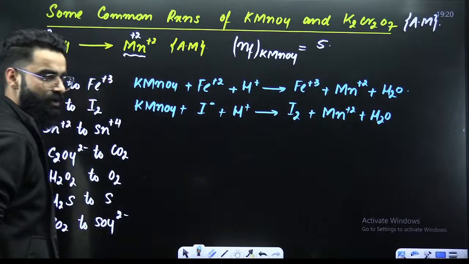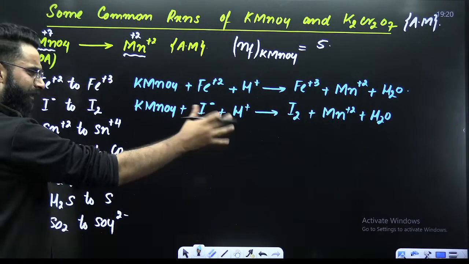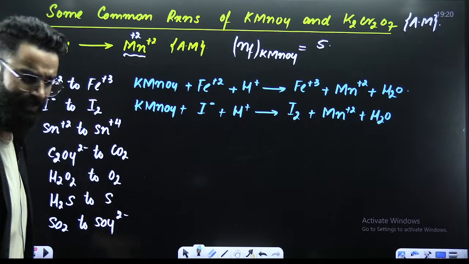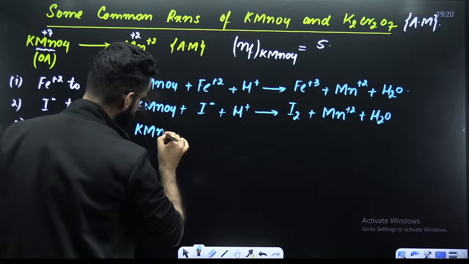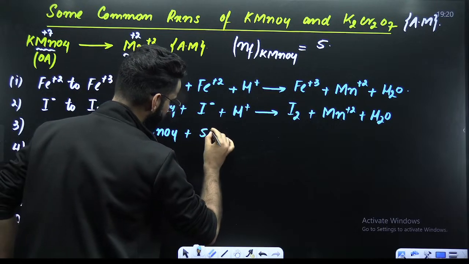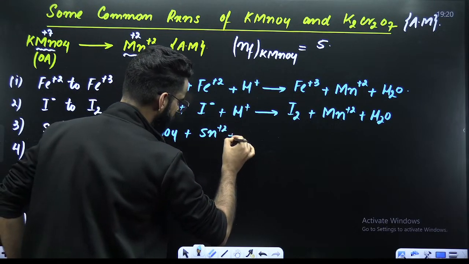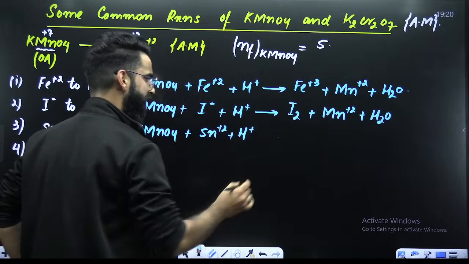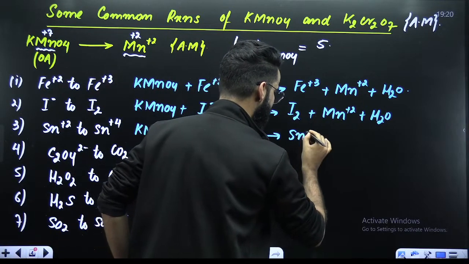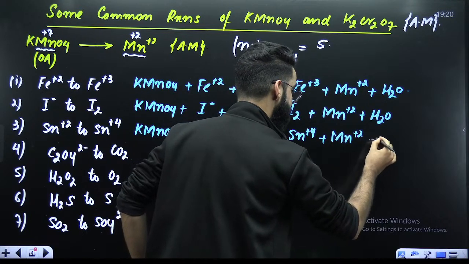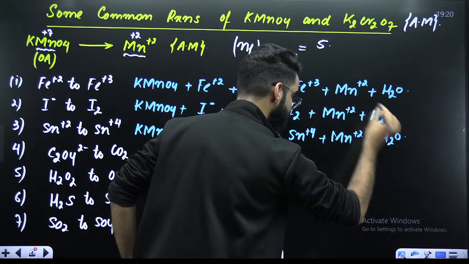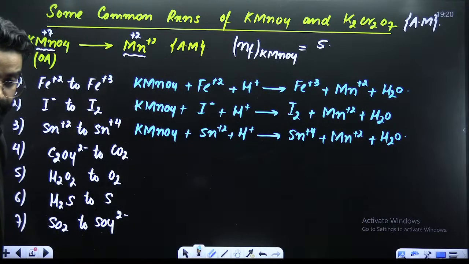In a similar way, the third one: the same KMnO4 converts Sn di-positive, in acidic medium, into Sn plus 4. Itself gets converted into Mn di-positive, and with this you'll be writing water as well. So this is one more reaction.